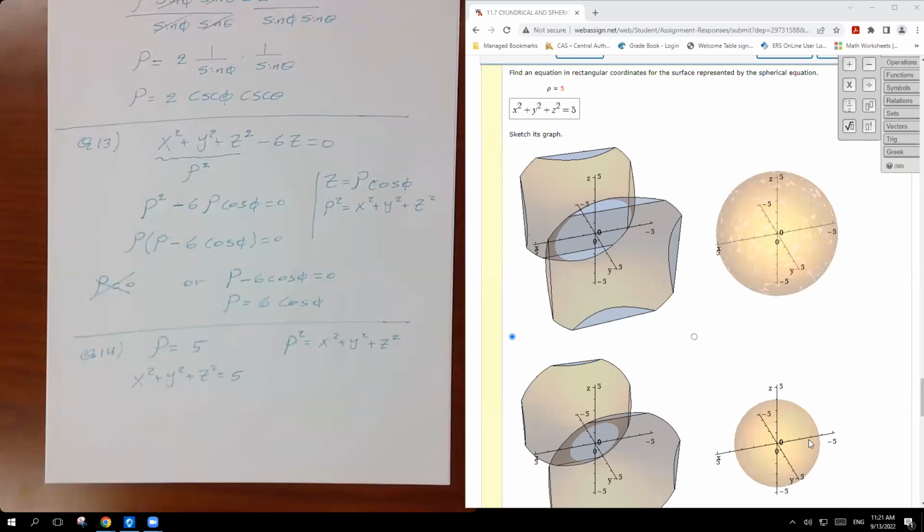If you look at this one, this is 1, 2, 3, 4, 5. I'm talking about x and y. So this is less than 5. I'm not going to choose this one. If you look here, just the xy coordinate, this equals 5, this one equals 5, this one equals 5, and this one equals 5. And also, because plus the z squared also equals 5. So we're going to choose this one.